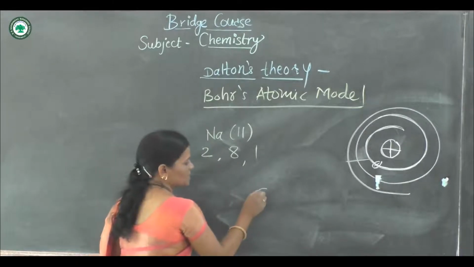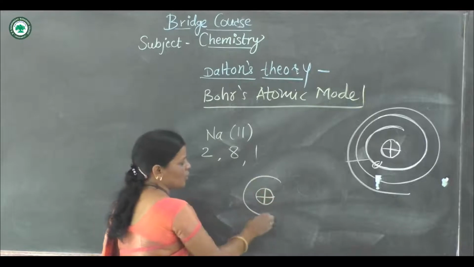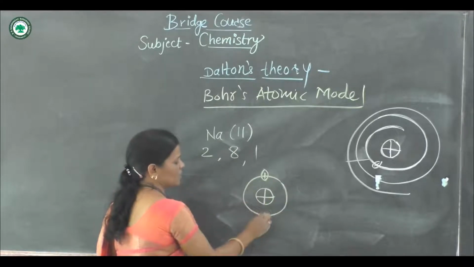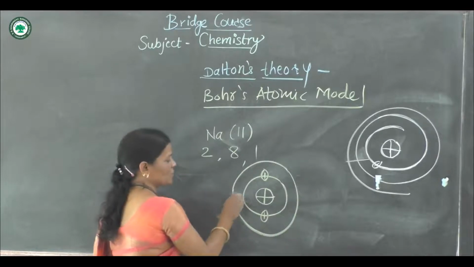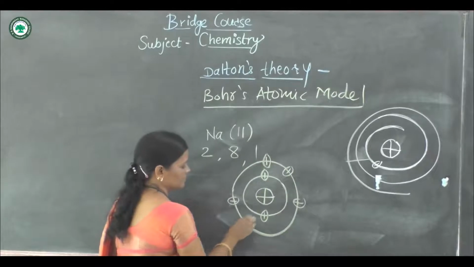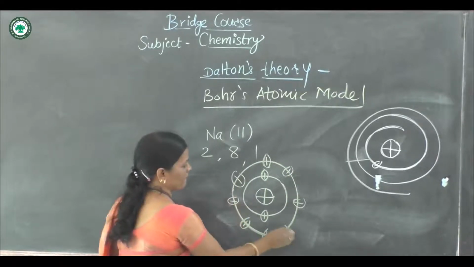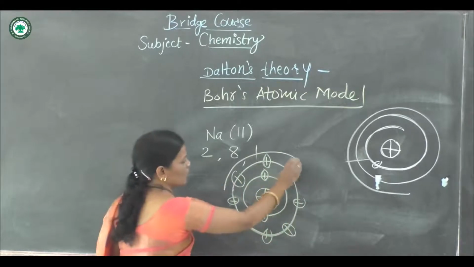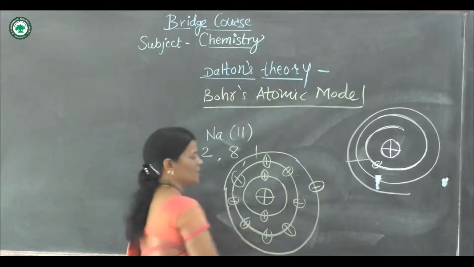That means if we consider this is the positive center of the sodium atom, then the first orbit consists of 2 electrons, the second orbit consists of 8 electrons, and the third orbit around sodium consists of 1 electron.